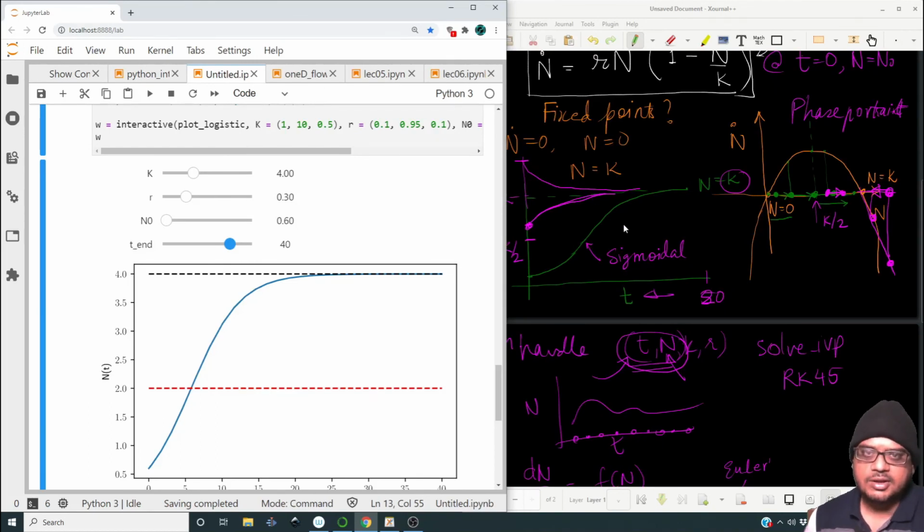Without actually arriving at how n varies in time, we could make a fair estimate of how it would tend towards the carrying population. Because it's a fixed point, we could not only predict the fixed point, but also predict how the slope would change as we move towards it.